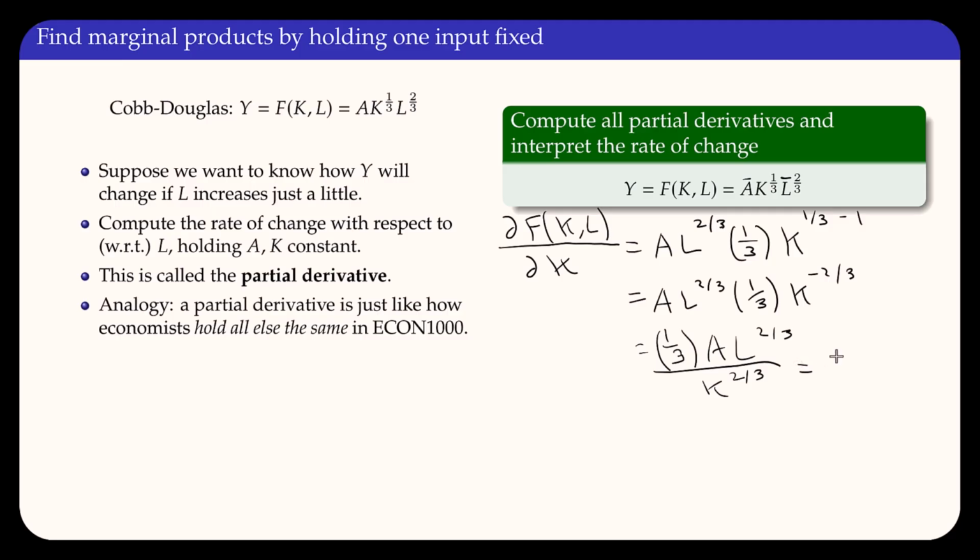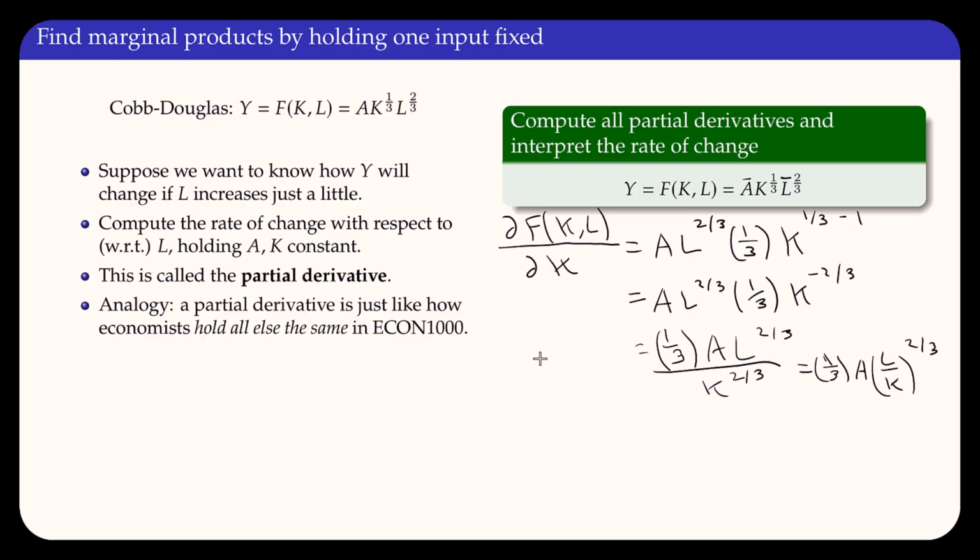And I can even simplify this further. I've got 1/3 times A times (L over K) to the power of 2/3. Right, written very succinctly. Now, what have we computed here?